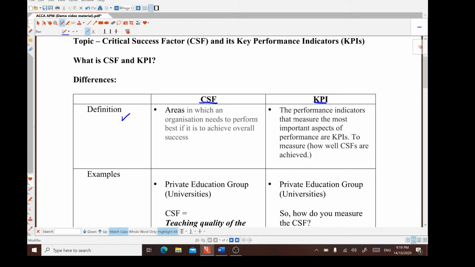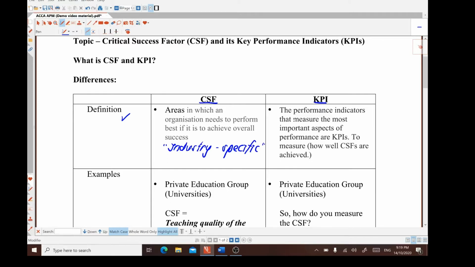However, I would say that this CSF is quite industry specific. Let me quote you some examples.